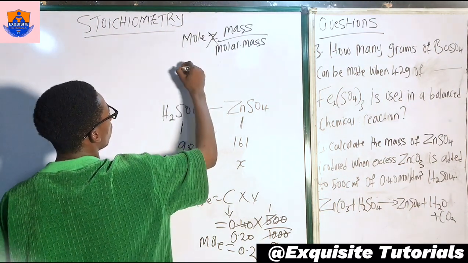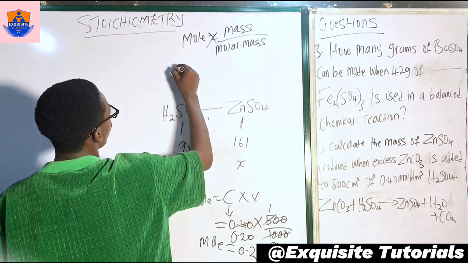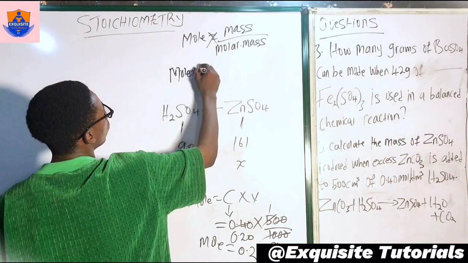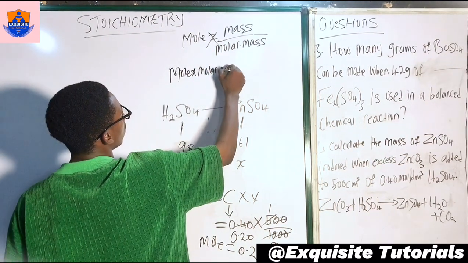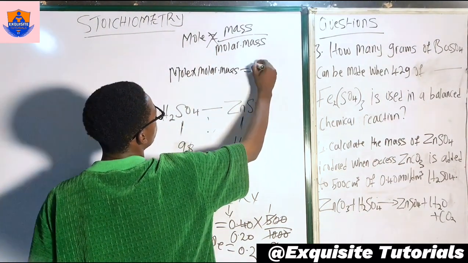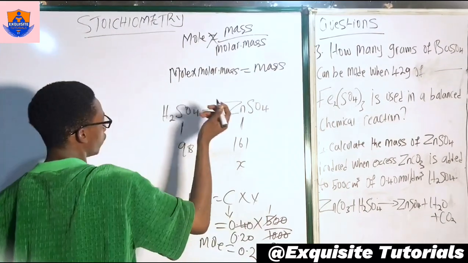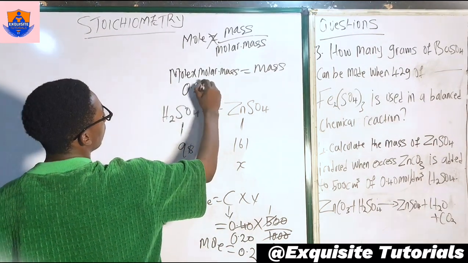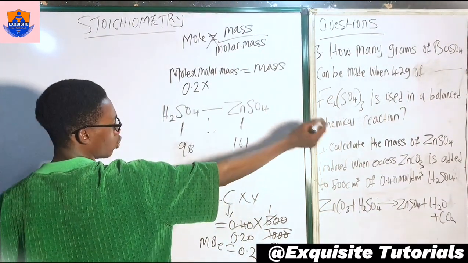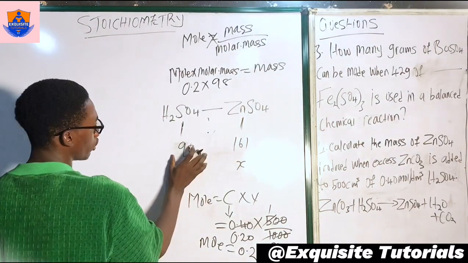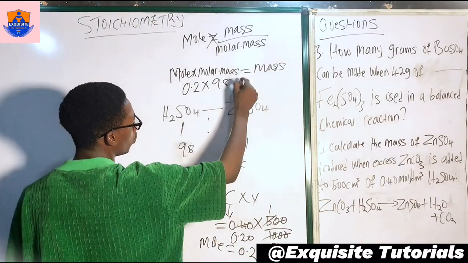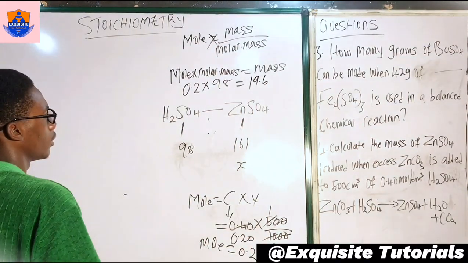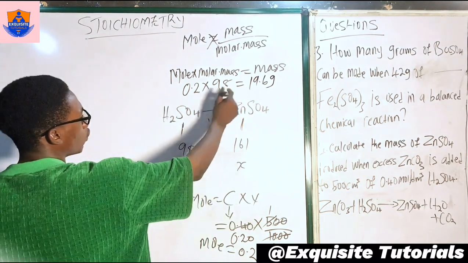So mole times molar mass will be equal to the mass of the compound. So now what's the mole of H2SO4? 0.2 times the molar mass. What is the molar mass of H2SO4? 98. Use what we got here. So 98 times 0.2 gives us 19.6 grams. So that's the mass of H2SO4.